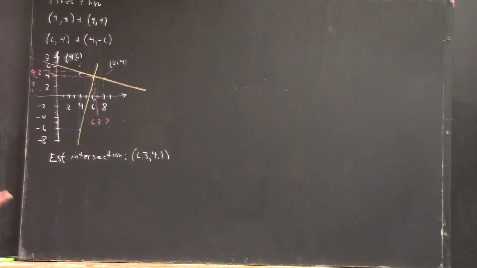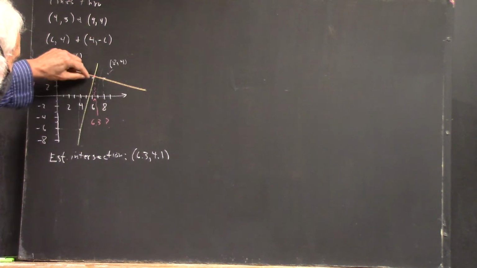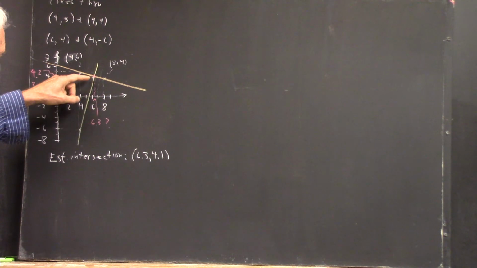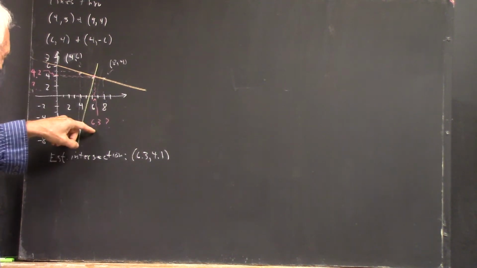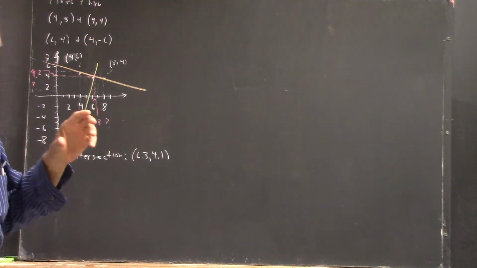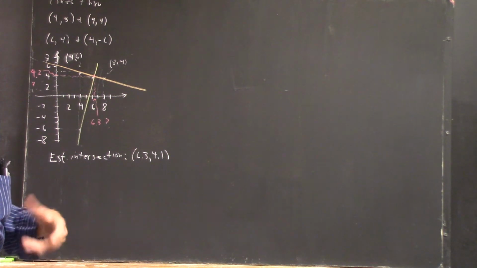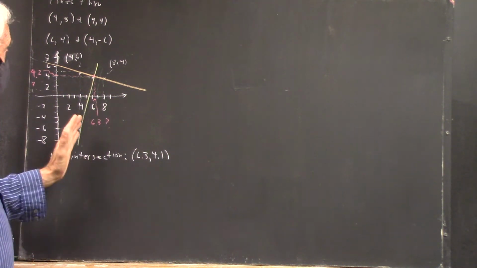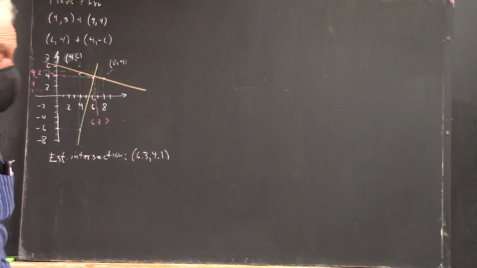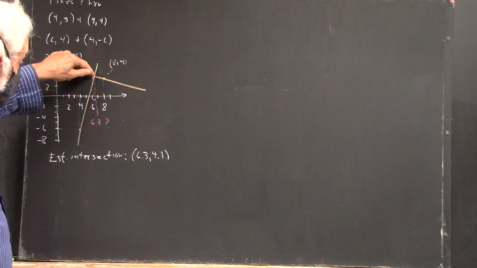I mean, it's not as good as it should be, because from the point (6, 4) to the intersection point, this tells us that we've got a run of 0.3 and a rise of 0.2. Rise over run then would be 0.2 over 0.3, right? Which would be less than 1. But we see, just visually, the slope of this line is a lot bigger than 1, right? The slope of this line is 2 or 3 or more, okay? So the slope between here and my estimate isn't good.